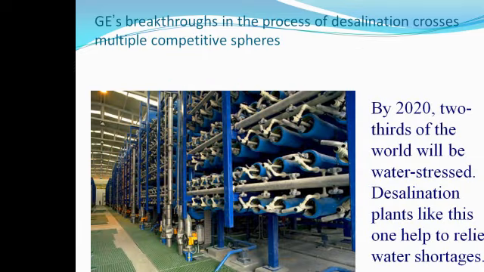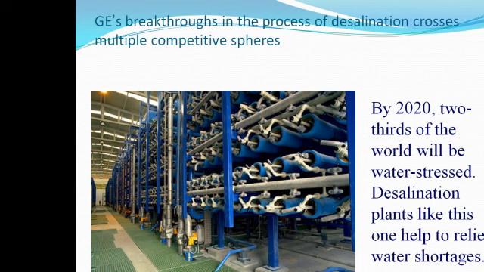Let's give you a fine example of General Electric's breakthrough. They have made machines for desalination. Desalination removes salt from water, and it provides clean water to underdeveloped countries and developed countries also. I think they have a mission based on the fact that two thirds of the world will be water stressed.